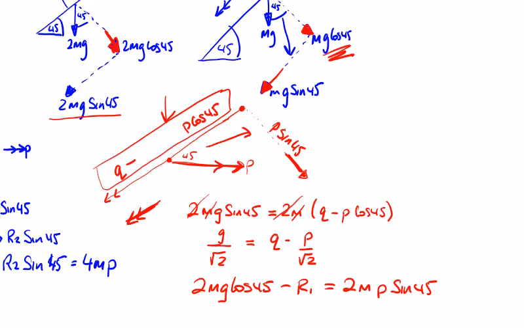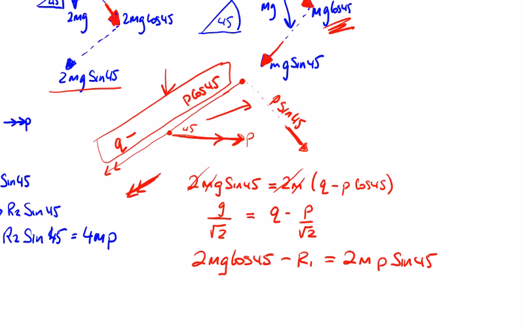So again, we can divide by 2m in this case, so let's just simplify it down. 2mg over root 2 minus R1 is equal to 2mp over root 2.